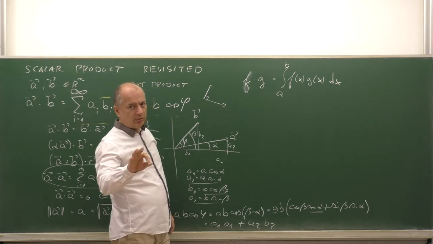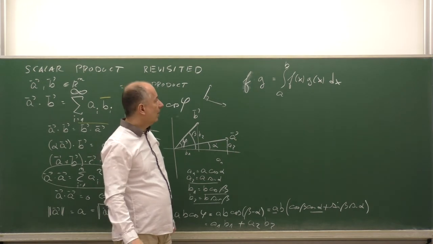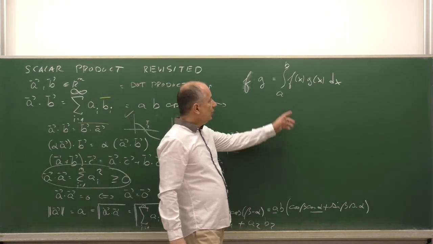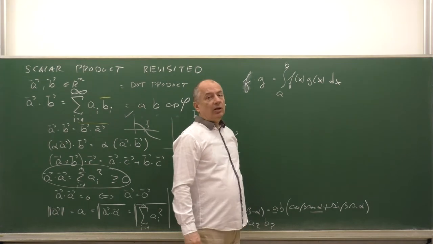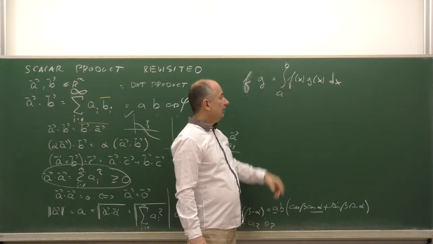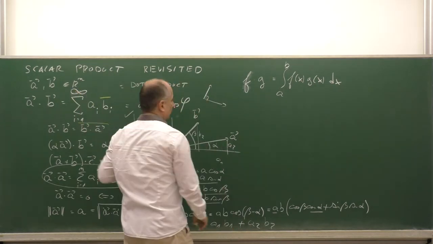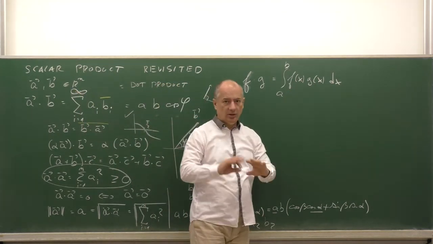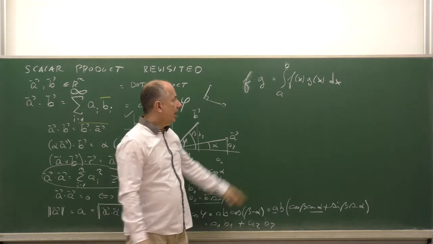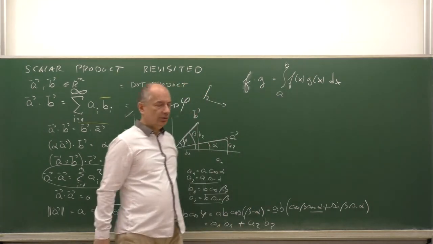It may resemble Riemann sum, Riemann integral. So yes, for two functions continuous in some closed interval [a, b], well now this a is not this a and this b is not this b. These are just limits for the integral. Two real values, a and b are now real constants.